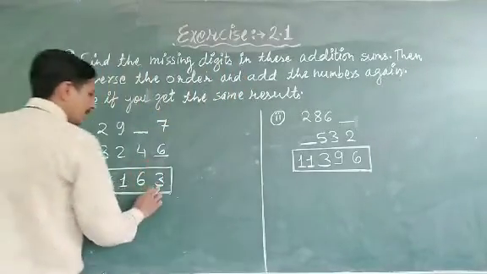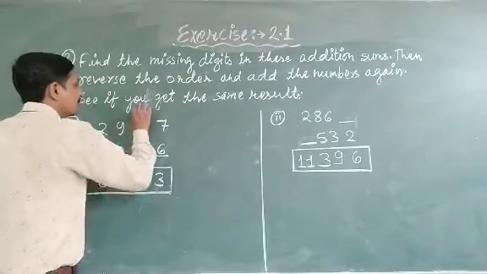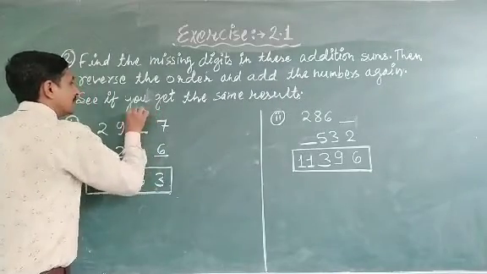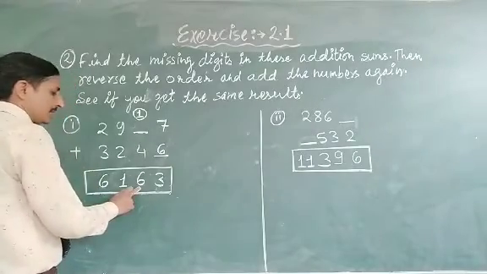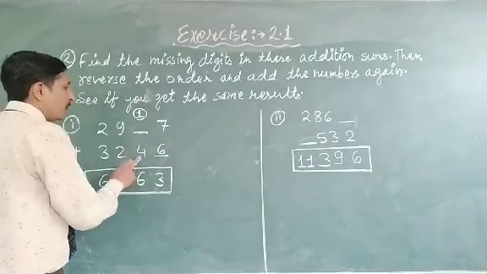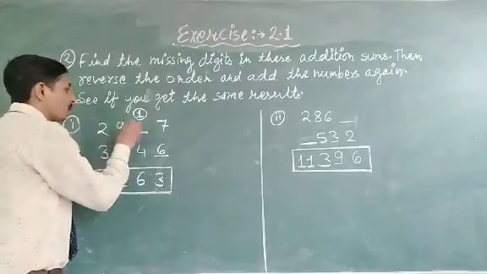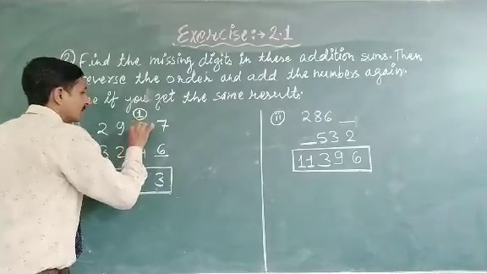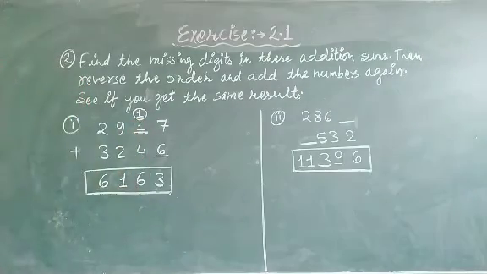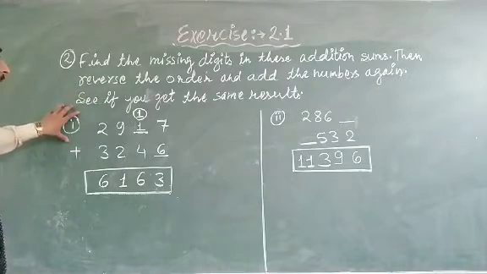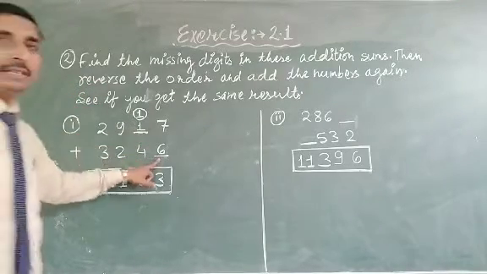So we get 3 and 1 is carried. Now here you see the answer is 6. So 4 plus 1 equals 5, and 1 plus 5 equals 6. So the missing digits in question number 1 are 1 here and 6 here.